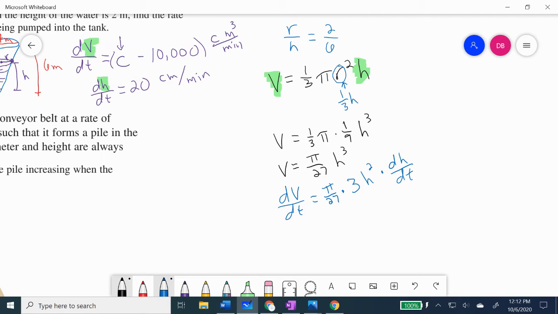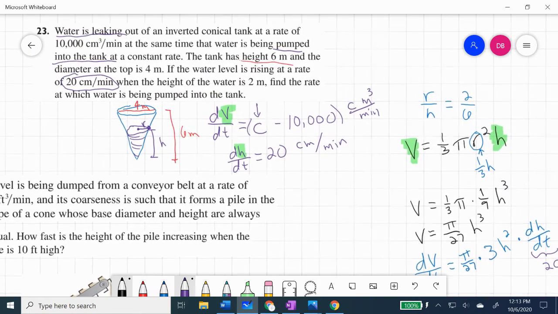And now I'm ready for the plug and chug moment. dV/dt is constant minus 10,000. And that constant is what we are trying to find. dH/dt is 20 centimeters per minute. And I need to look at the given information. The given information is when the height of the water is 2 meters.